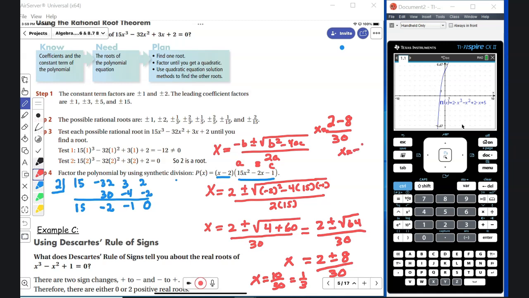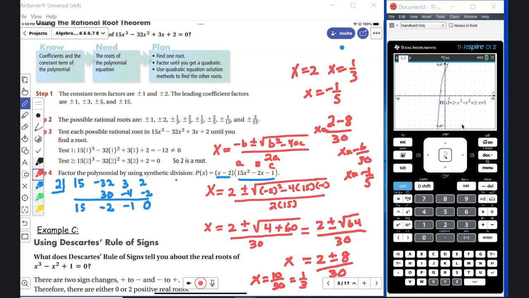So x equals negative 6 over 30, so x equals negative 1/5. So the roots, or the zeros, are x equals 2, x equals 1/3, and x equals negative 1/5.